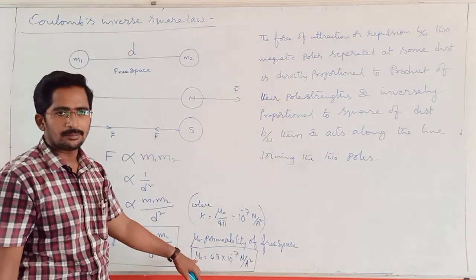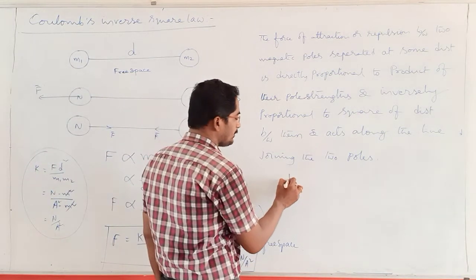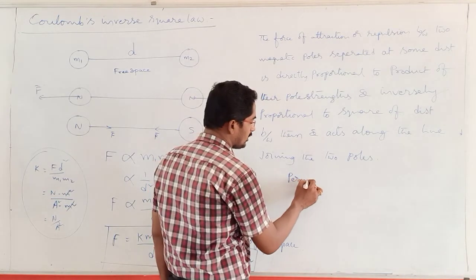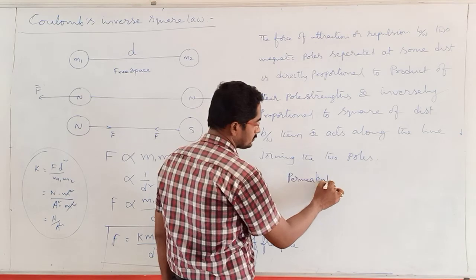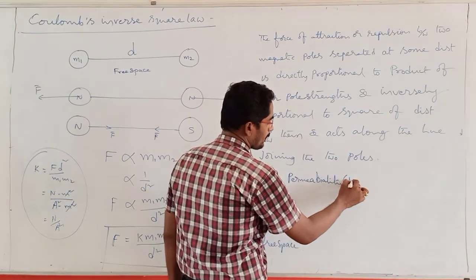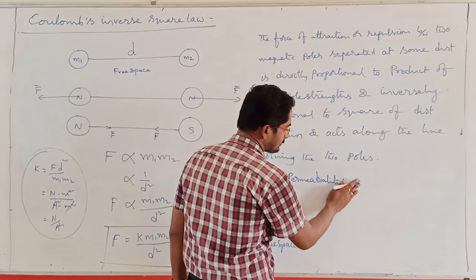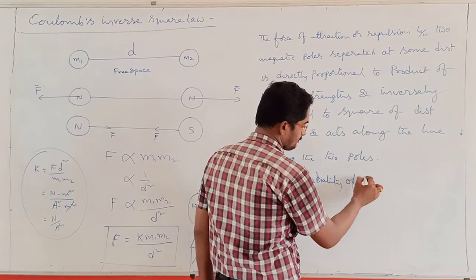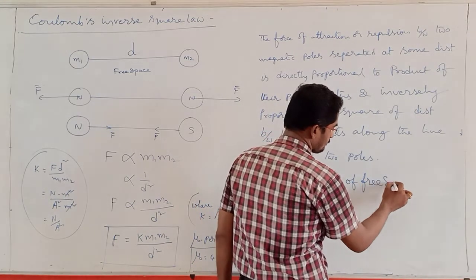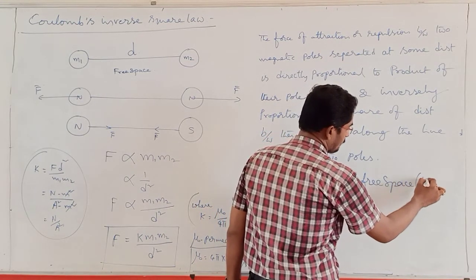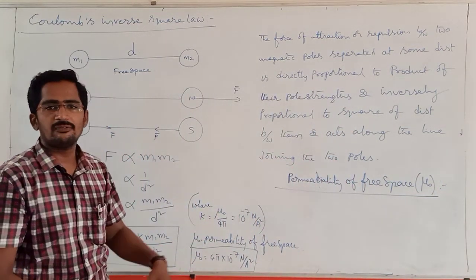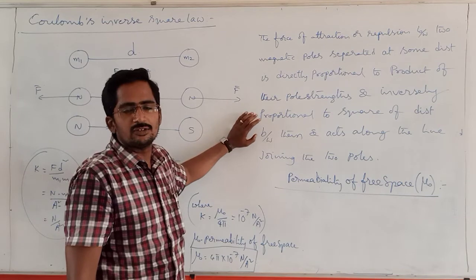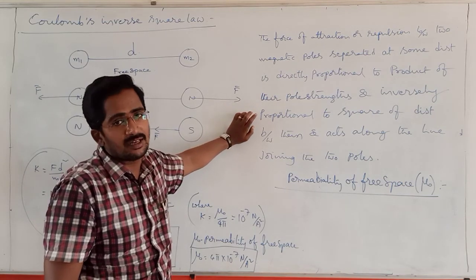Mu naught means permeability. So what does permeability mean? Permeability of free space is represented with mu naught. You studied the same kind of property in electrostatics, called permittivity.